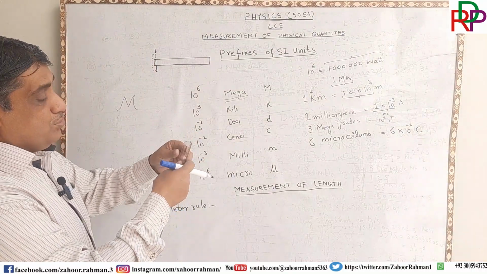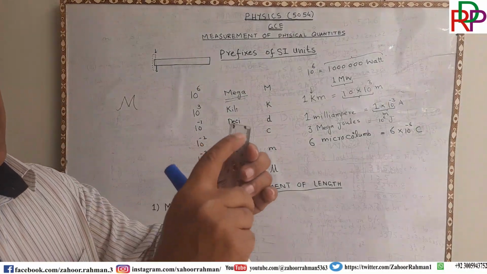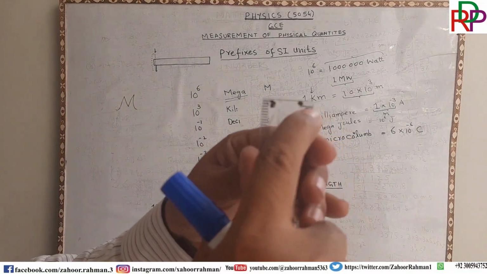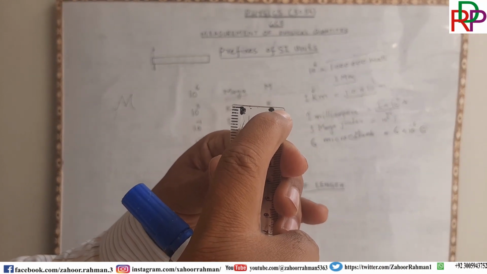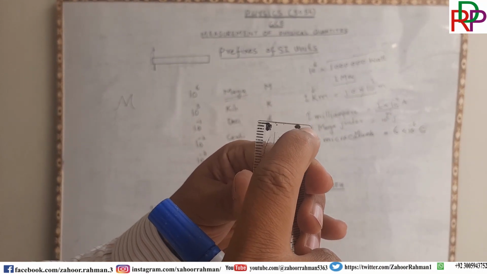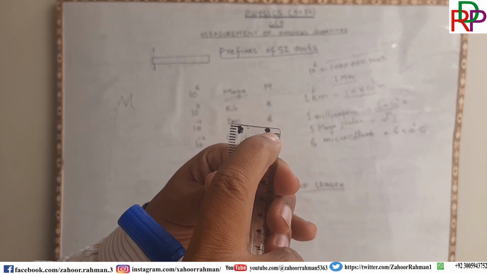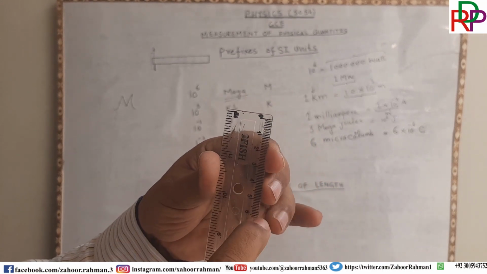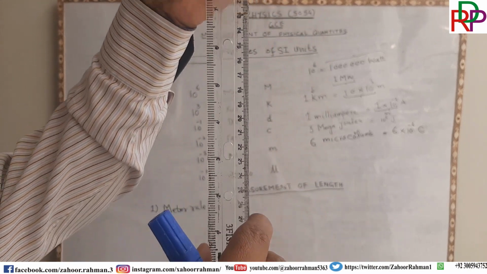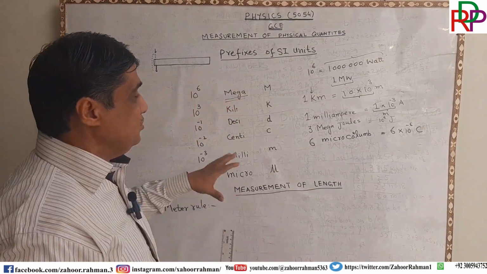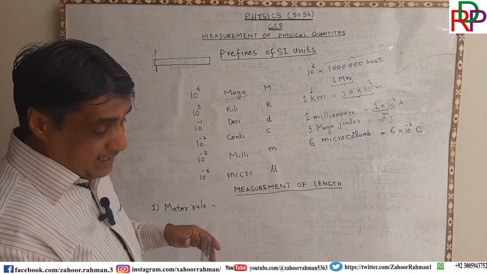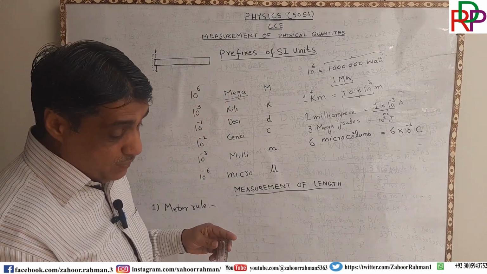There is a certain area which is not considered, because we have to start from here and go downward. So ladies and gentlemen, you have to keep this in mind to take precise values.